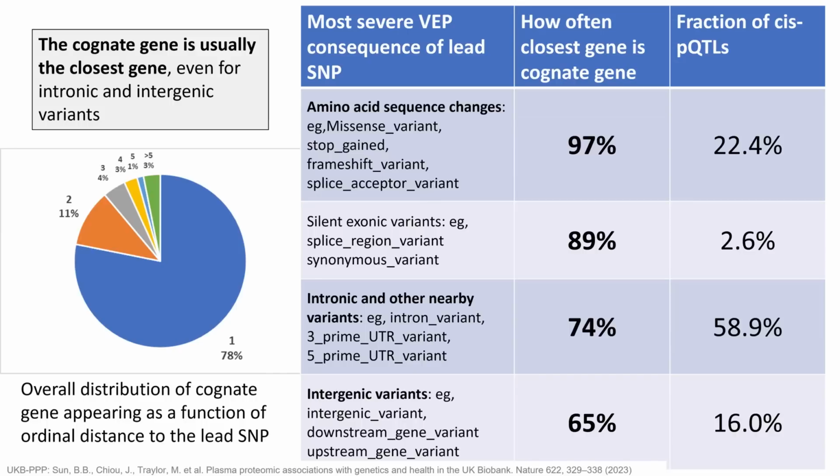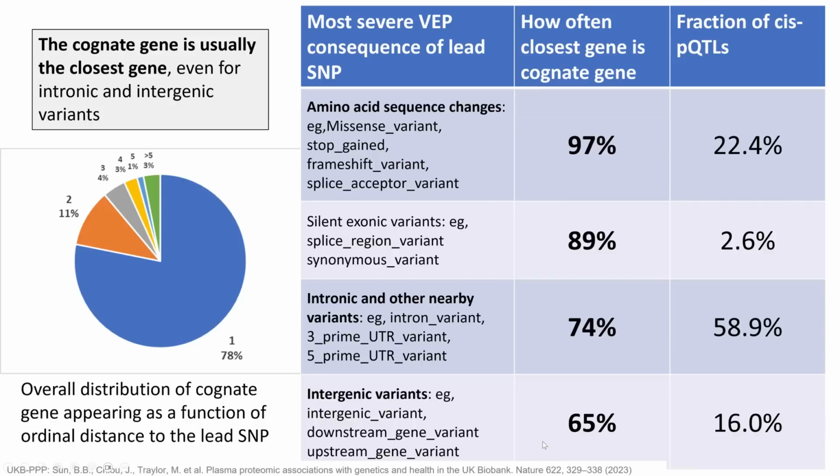I guess I haven't written it up. But if you have a variant that sits within an intron of gene A, but is actually closer to the transcription start site of gene B, it's more likely to still be gene A. And so there's something special about the footprint of a gene. And wherever that variant sits within that gene is still more likely to be the causal gene, even if it's not close to the transcription start site.